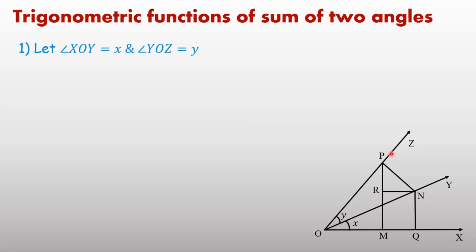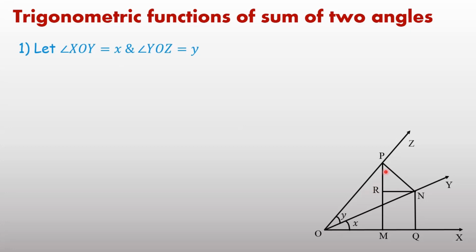First, concentrate on this figure. OX, one horizontal ray is there. Second, OY, and third line is OZ. X is the angle between OX and OY, or you can say angle XOY is X, and angle between OY and OZ is Y. These two angles are given.